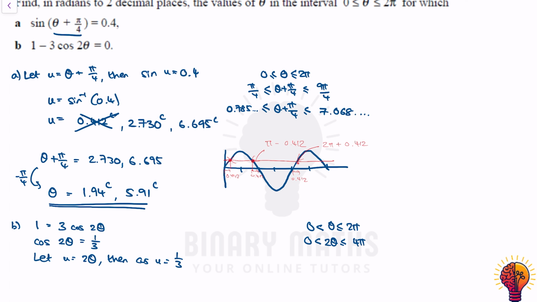So u is between 0 and 4 pi. So we're looking at the cosine graph. Cosine graph looks like so.